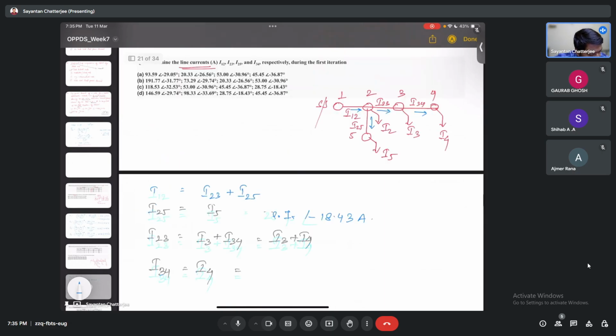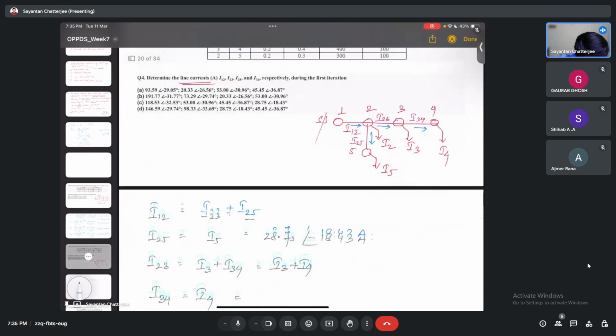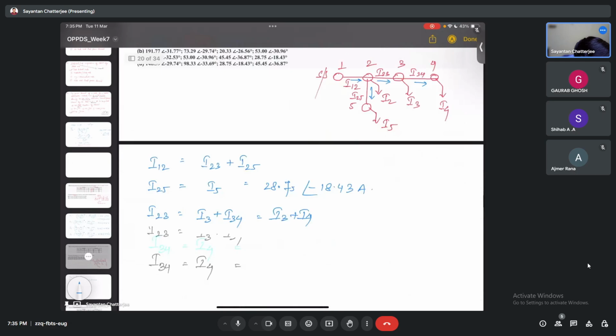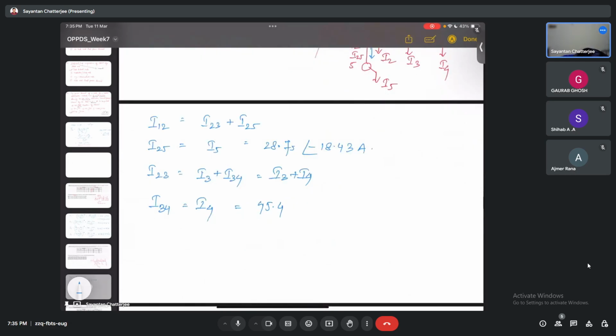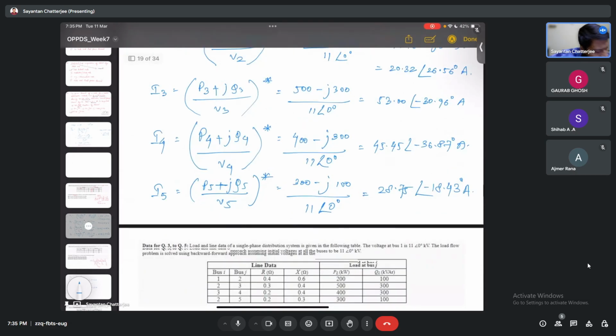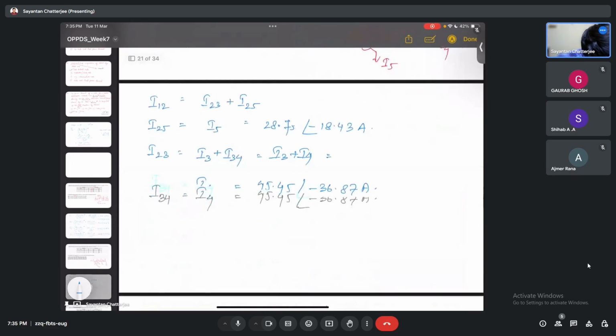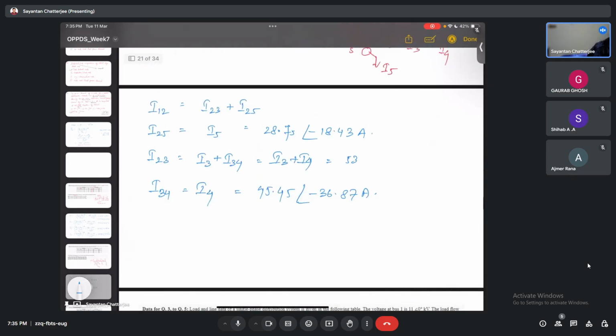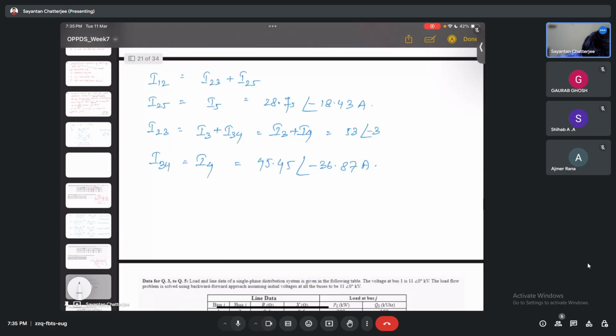So I34 is also known. I34 is only I4. So what will be I4? 45.45 angle minus 36.87 ampere. So we already know I34, and I3 we already know from the previous one. I3 is 53 angle minus 30.96, plus I34.